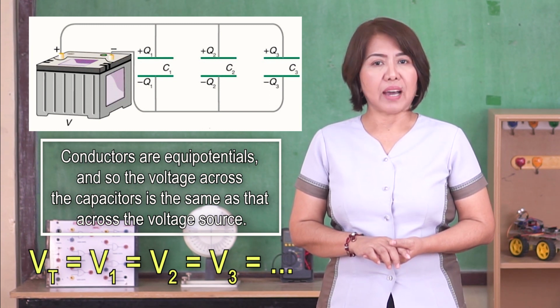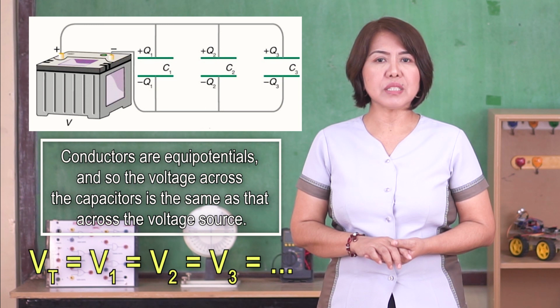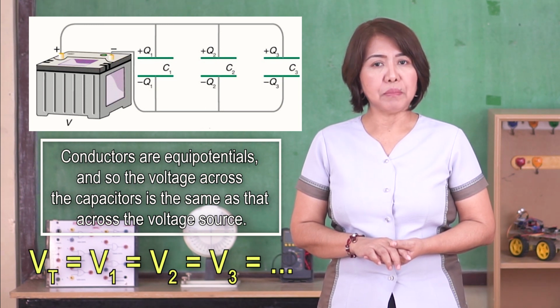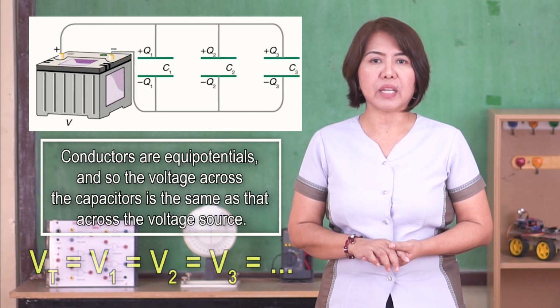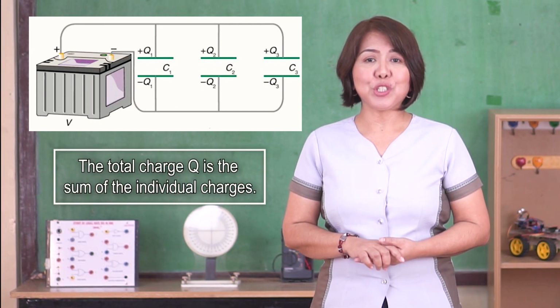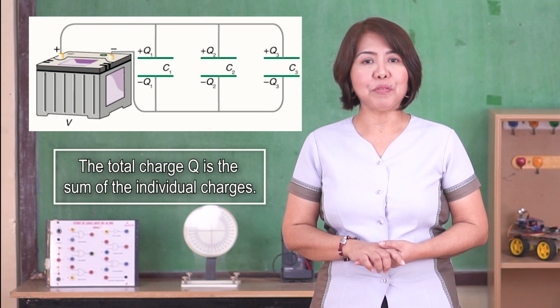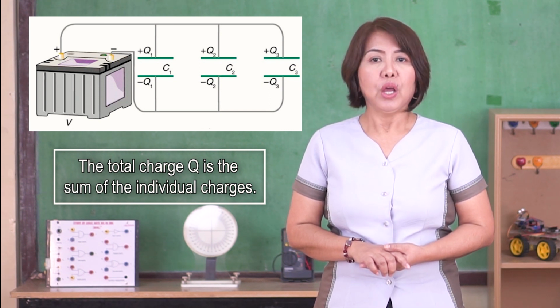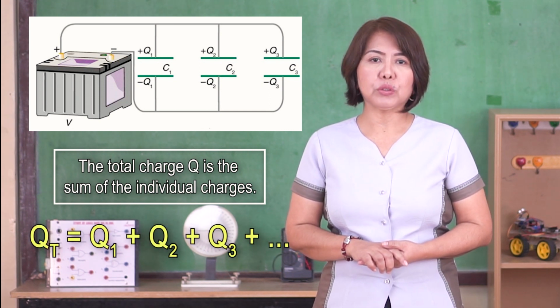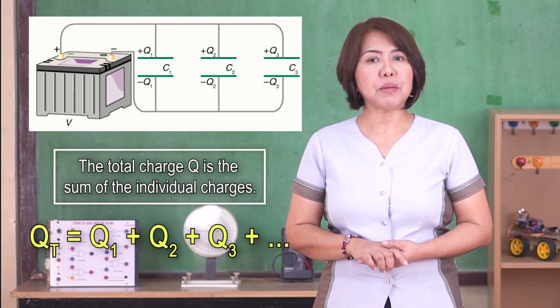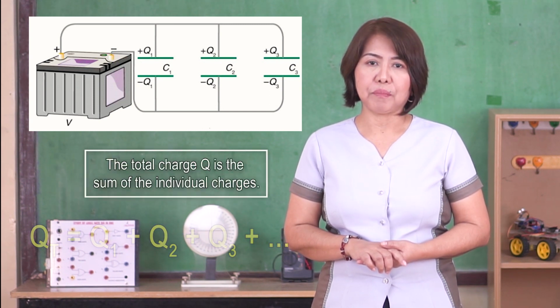Thus, the capacitors have the same charges on them as they would have if connected individually to the voltage source. The total charge Q is the sum of the individual charges. Q sub T is equal to Q sub 1 plus Q sub 2 plus Q sub 3.